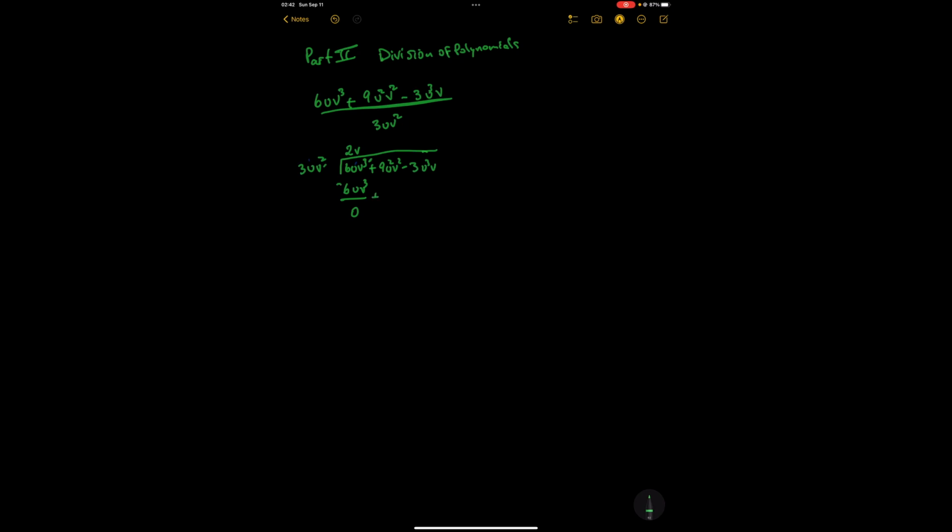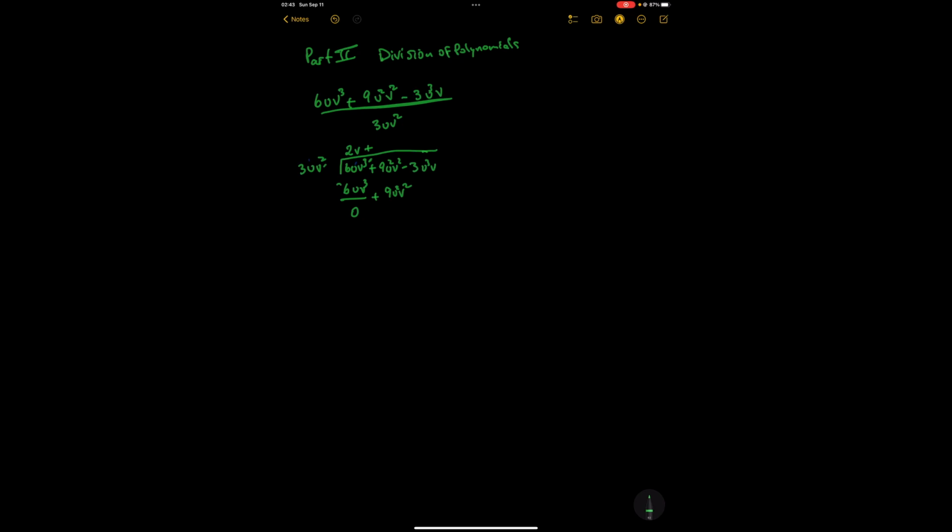Then you bring down 9u squared v squared. Now we have both u squared and v squared. So what would we need to multiply 3uv squared by to get 9u squared v squared? Well, we already have v squared on both sides, so that means we're not going to need any v in the quotient.